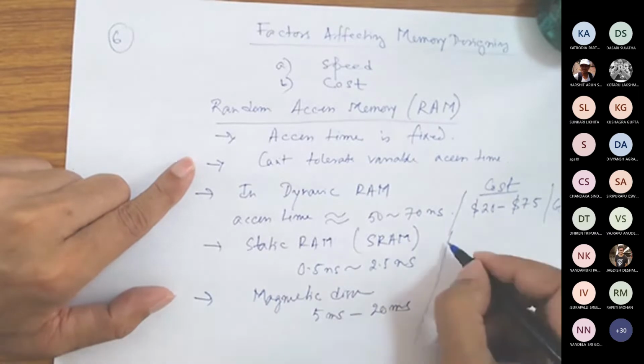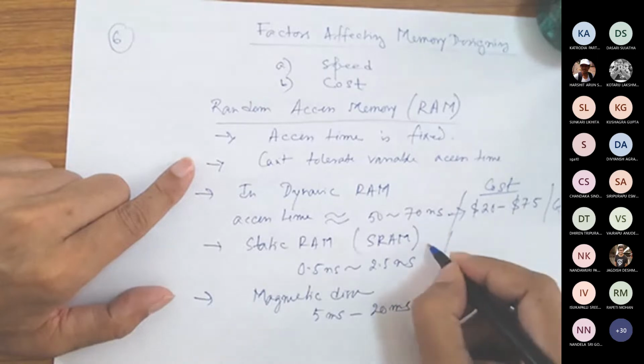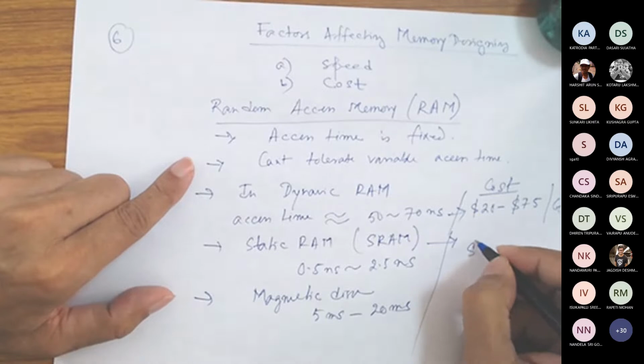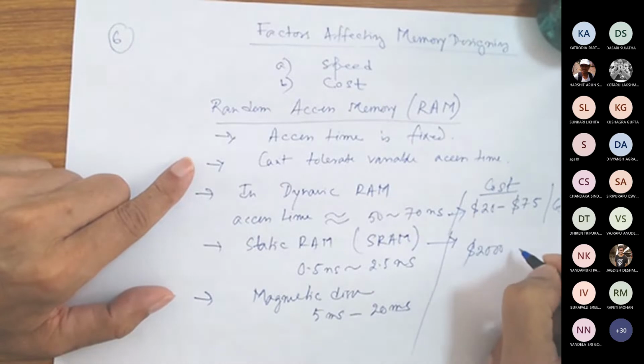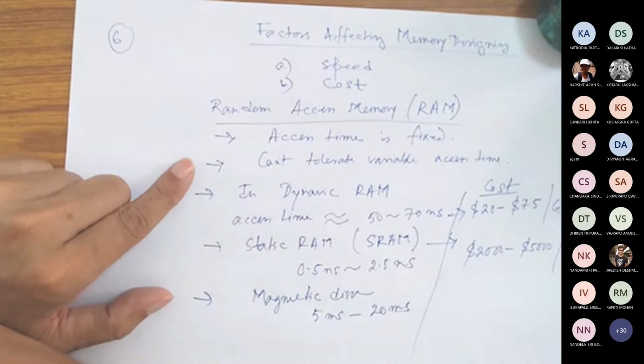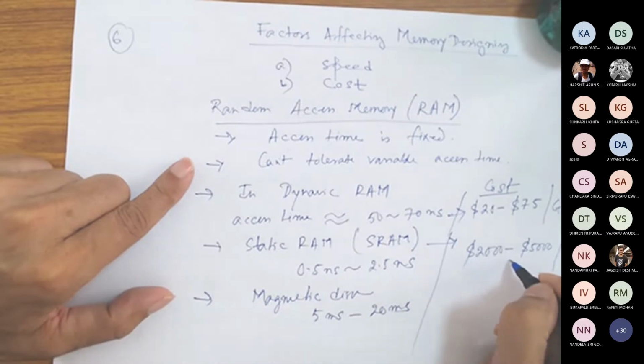Whereas if you go for static RAM, this can go up to $2,000 to $5,000 per gigabyte. So if you would like 1 gigabyte of static RAM to be designed, your cost can vary from 2,000 to 5,000 US dollars.